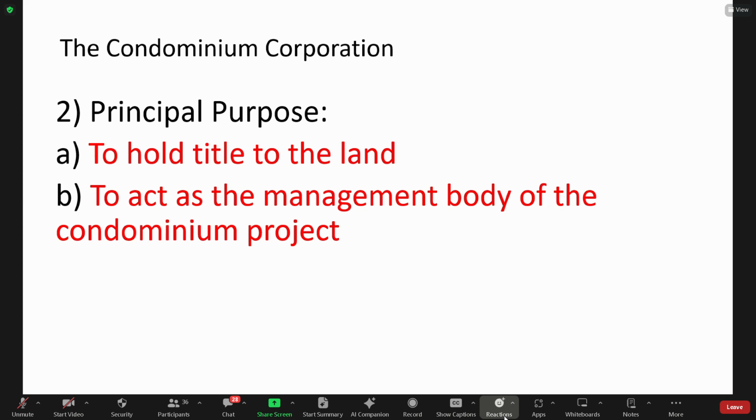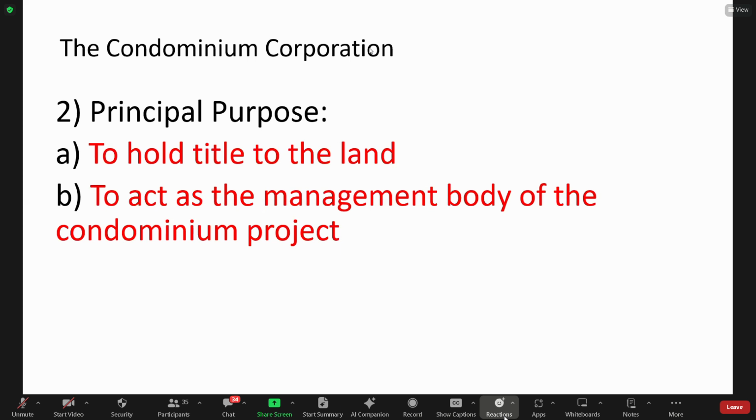Question: can the condominium corporation hire a different or an external management body to manage the condominium project? Yes, no? Anyone? Sir Peps says no. Miss Cookie says yes.